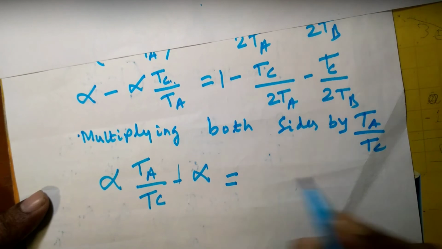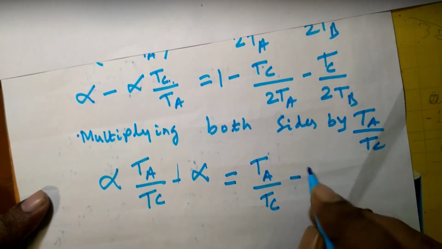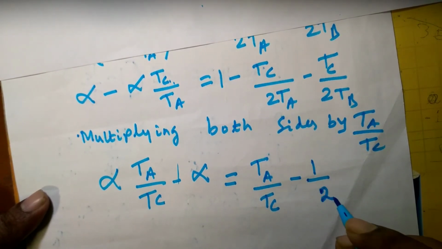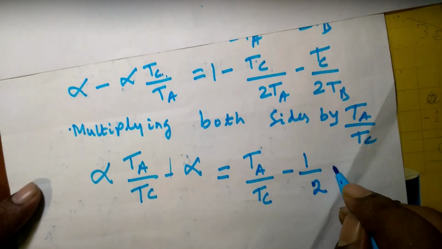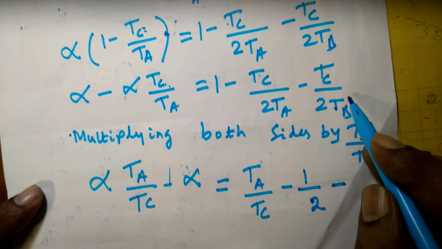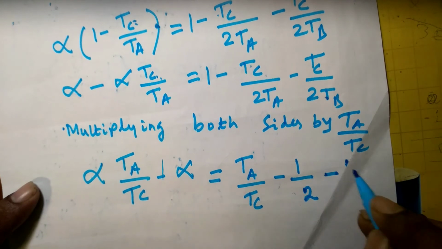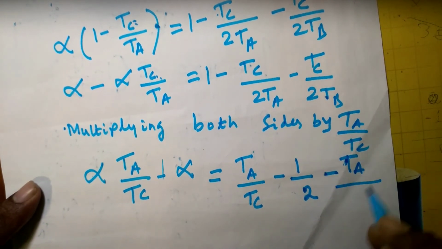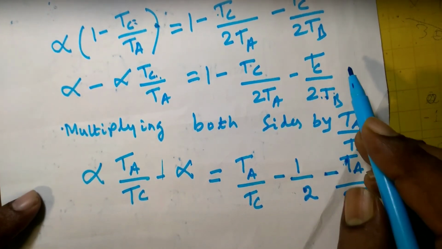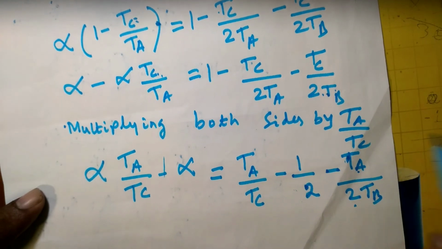So it is equal to TA upon TC minus 1 by 2 minus TC upon 2TB on being multiplied by TA upon TC. TC by 2TB on being multiplied by TA by TC, I will get TA by 2TB.